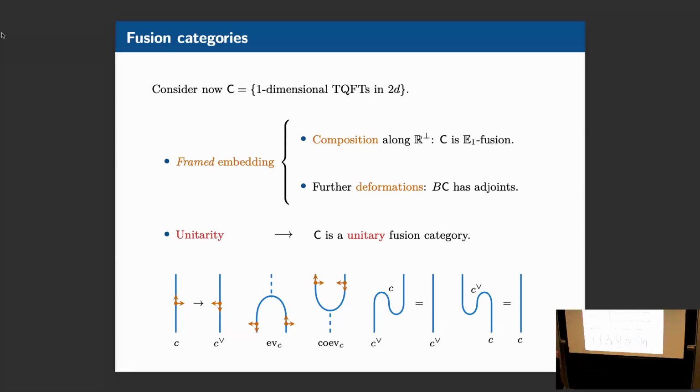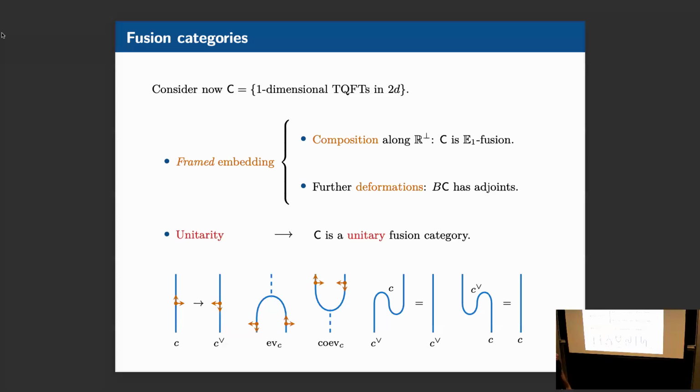We need to make sure that we have a good calculus for when we want to embed these lines in a framed 2-dimensional plane. Of course, this immediately turns out to be that this category C of your topological defect lines is a fusion category. And furthermore, since we can also deform the lines in a plane in these kinds of ways, we have a bunch of additional data that, for example, tell us that we have notions of a dual for lines.